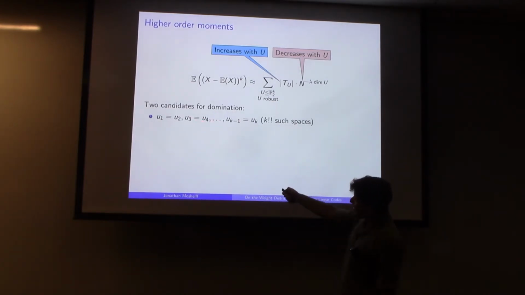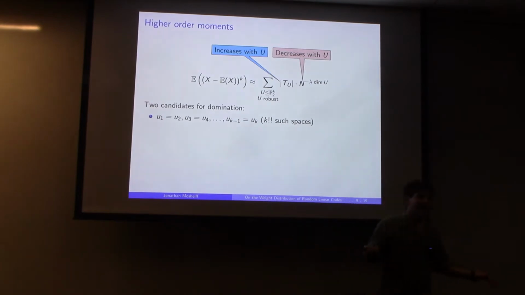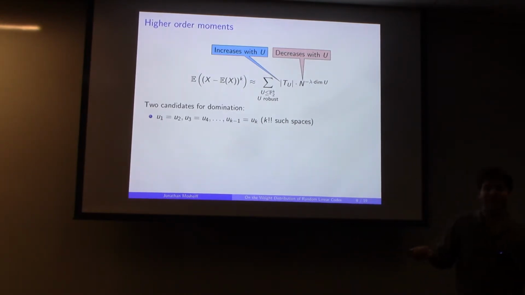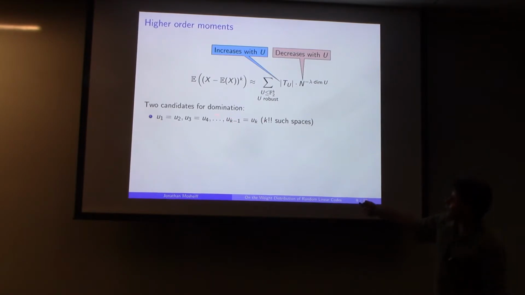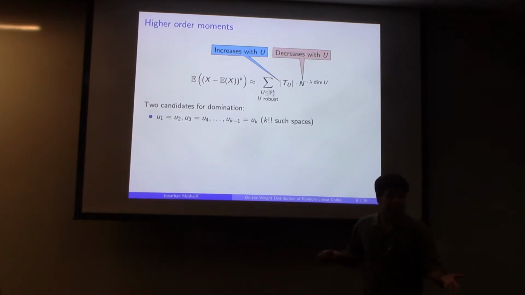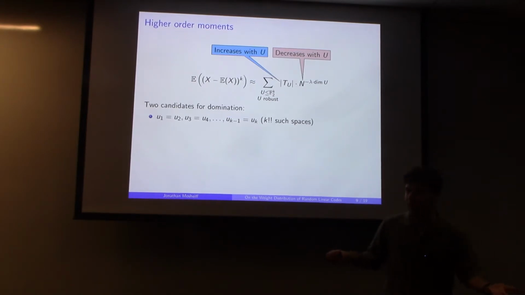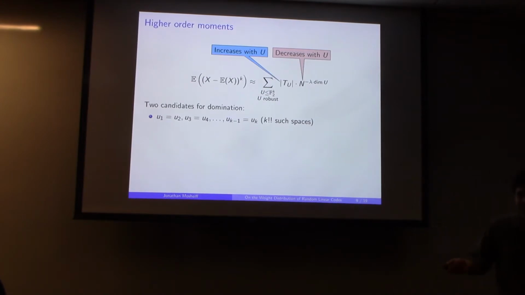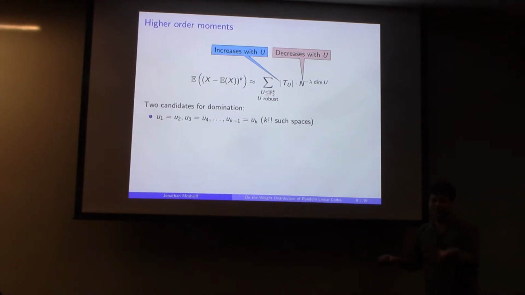And when these spaces dominate, our x really behaves just as if it was a binomial variable, which means that for the moments for which this is the dominant space, the fact that we took a linear random code has no effect. It just behaves as if we took a plain random code, which is in some sense very nice, because we understand these codes very well, if linearity doesn't really matter in these cases.